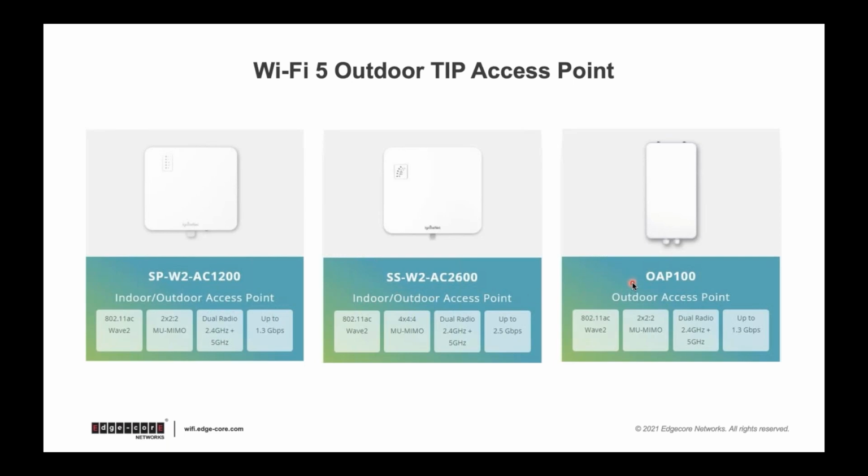And the OAP 100 is a 2x2 dual radio AP, and it is very special because there are two sets of antennas, and customers can select it as a directional antenna or as an omni antenna, so that users can use a single device to fit different usage scenarios.